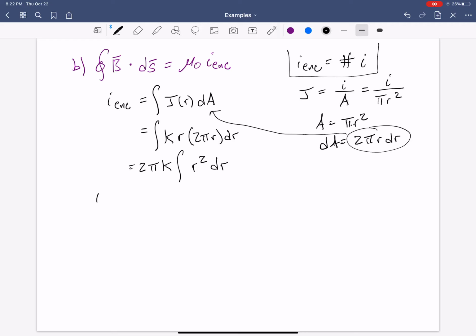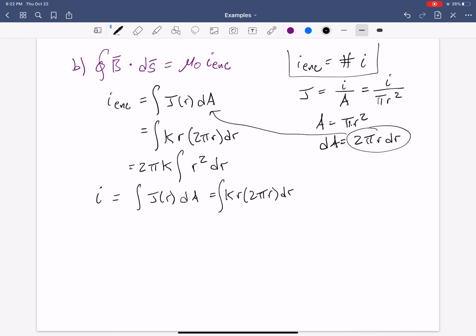And to do that, we need to do this exact same process we did for I enclosed, but for the current, right? This is the total current in the entire wire. So we have the current density J times dA once again. So we have K and R just like above, and dA just like above as well.